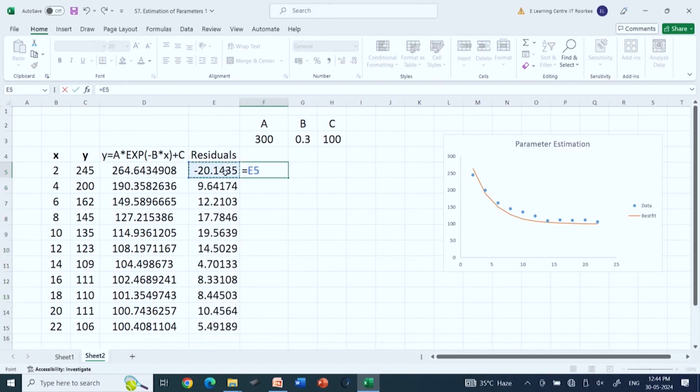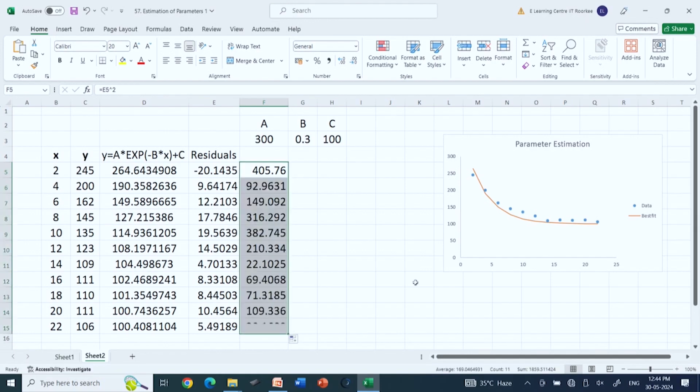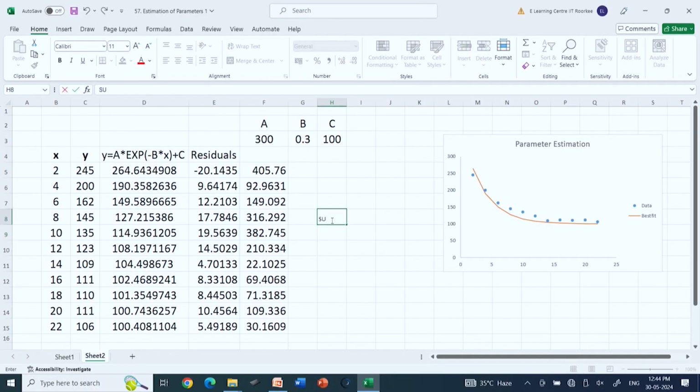And then comes the sum of the squares of the residuals. So I can write the sum of the square of the residuals.